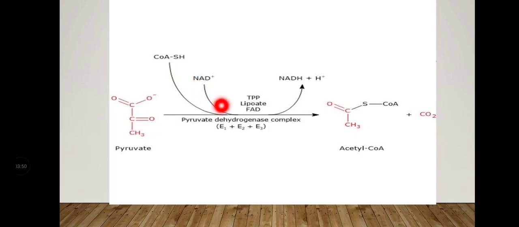When NAD plus is used as one of the cofactors, it gives off NADH plus protons, and pyruvate is converted to what? Acetyl CoA, and it produces carbon dioxide as one of its byproducts.